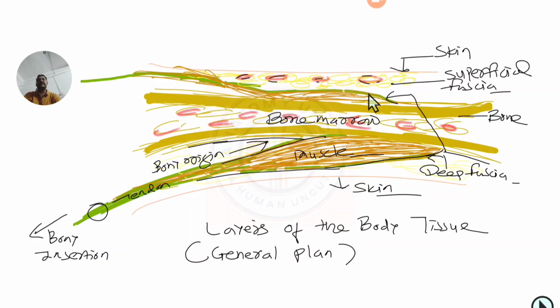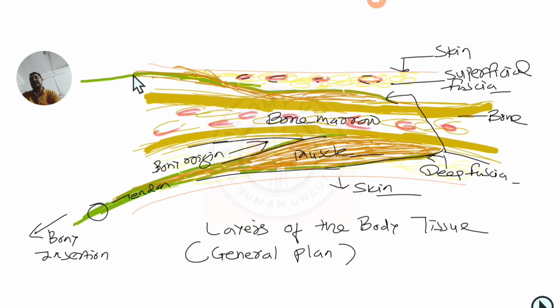And if you uncover this, you will have a deep fascia that covers your bone as well as a few of the deeper muscles. That is your deep fascia. Now, this deep fascia can extend onto the surface.